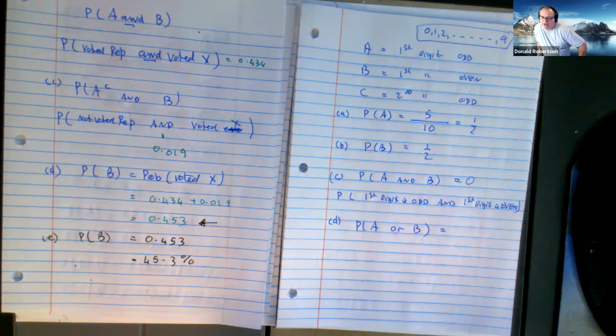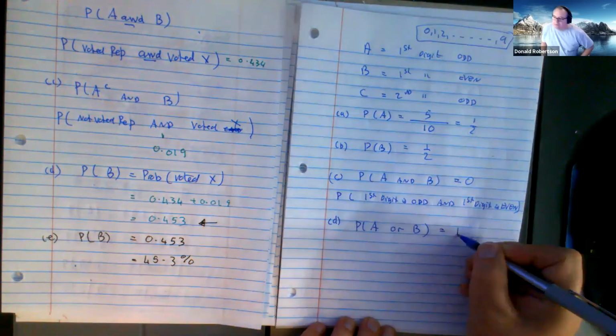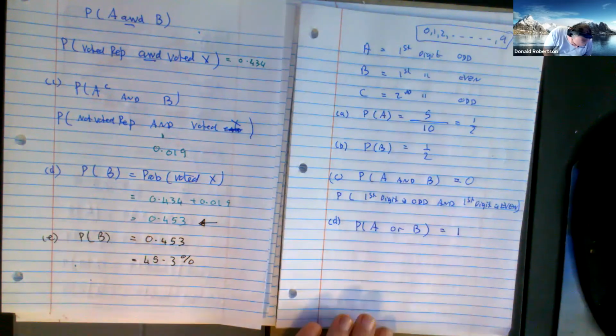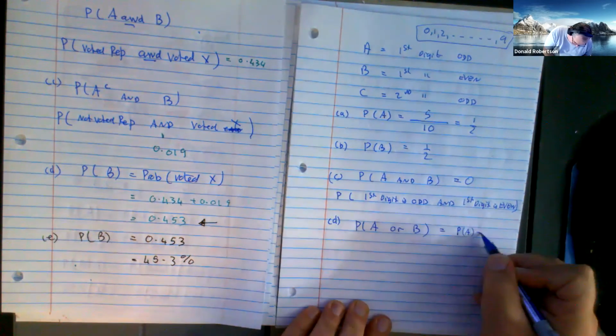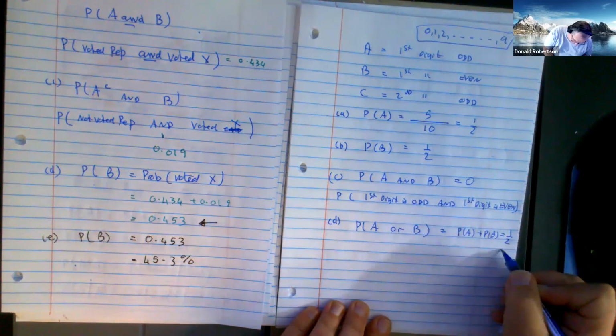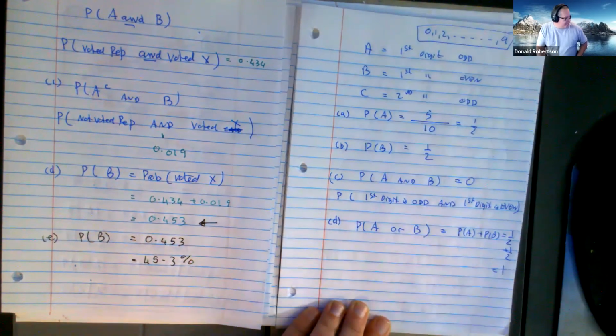The first digit's odd or it's even? Would it just be 1/2 again? No, just one. Right. Half the time it's odd, the other half it's even. Essentially, if you add them together, you get one.